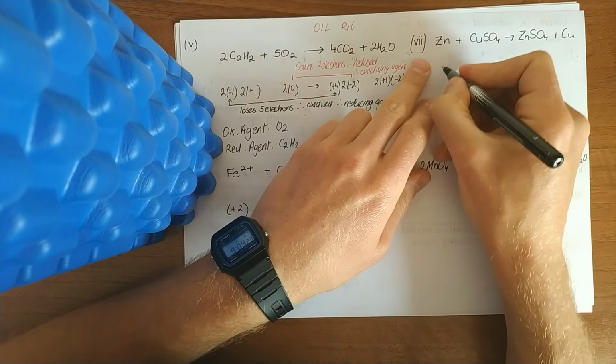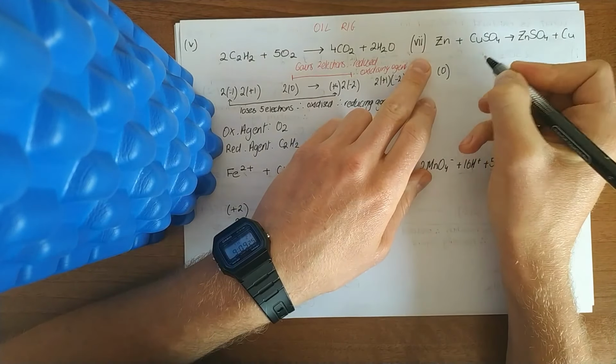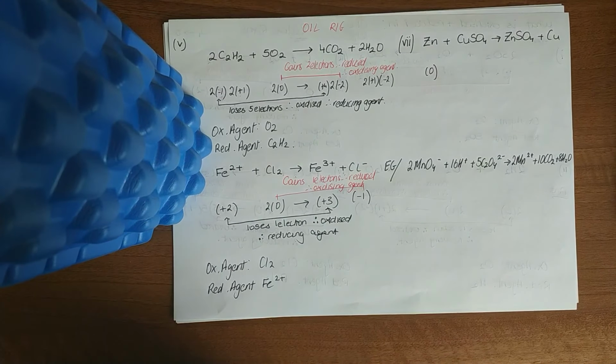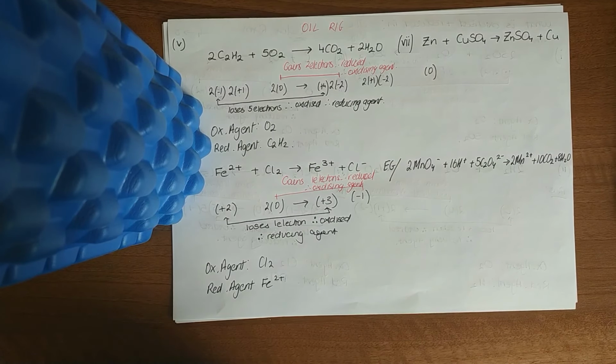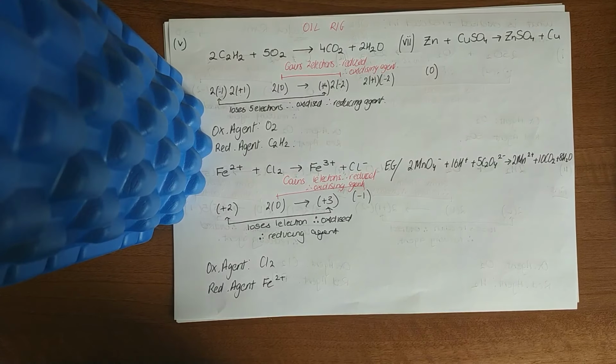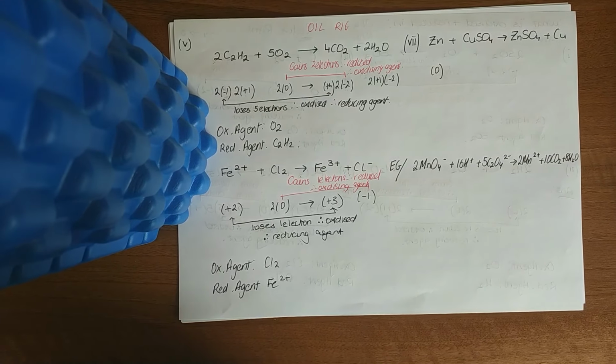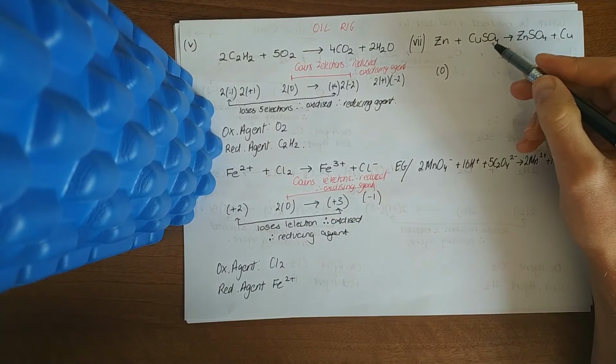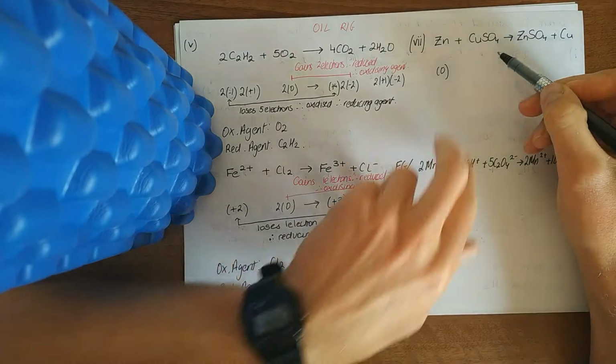Zn, so it's 0. Copper sulfate. Difficulty 1 because this is your radical.